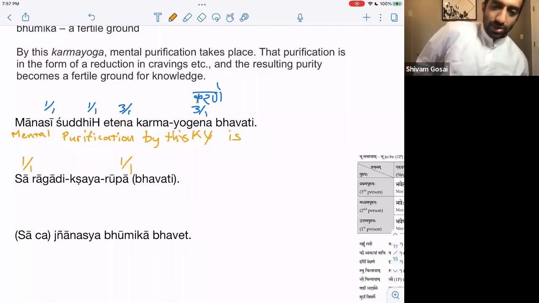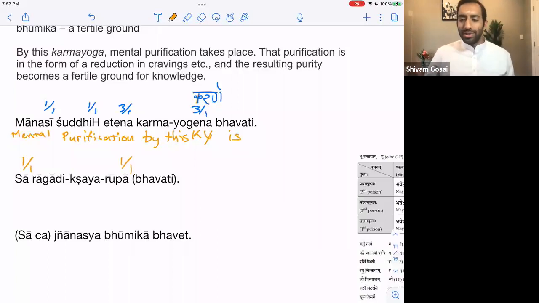So sa. Why are we using feminine sa and rupa? Because it can be saha or rupaha or rupam. This rupa can be in any gender. Because what are we talking about? We're talking about which word was feminine in the previous sentence? Manasi and shuddhi, both were feminine.